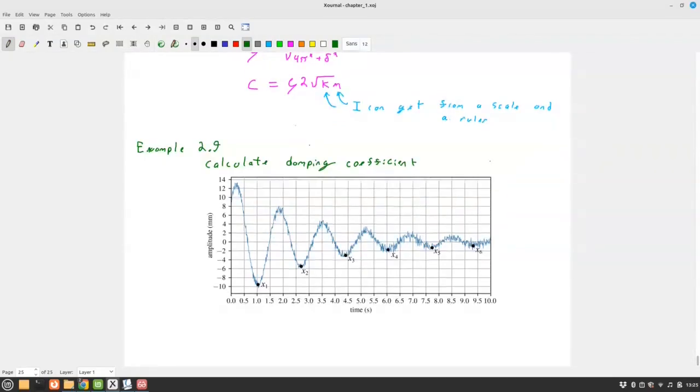We know from our measurement that M is equal to 3 kilograms, and K is equal to 43 newtons per meter.